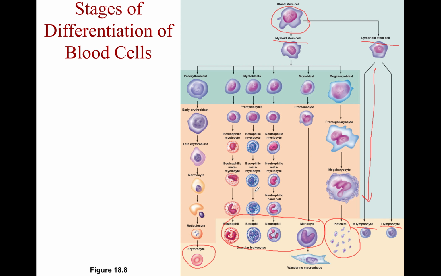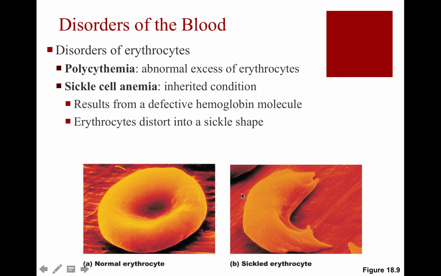If you recall from a couple of slides back, platelets are produced from larger cells called megakaryocytes. So do remember this name, that platelets come from megakaryocytes. Looking at the slide, they are definitely much larger than your typical blood cells.